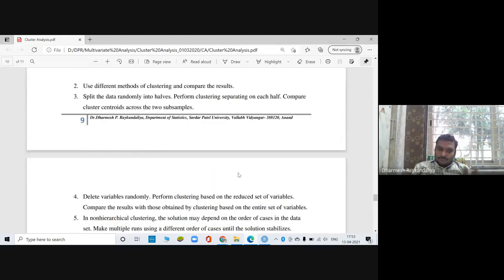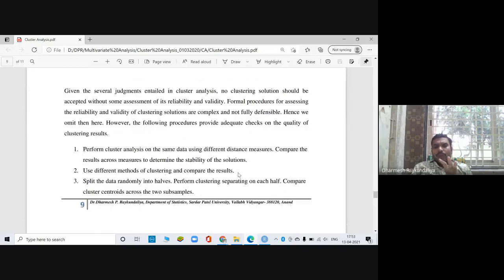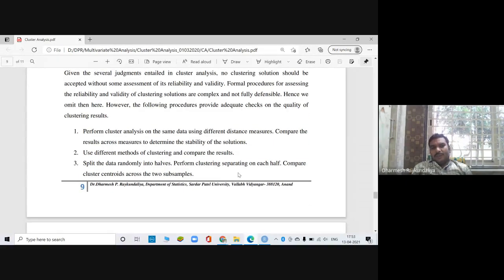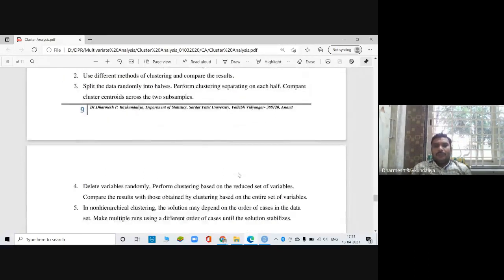So there are various methods to verify whether the clustering is appropriate or not. First, you take different distance measures and try to compare the various clustering solutions. Second, you use different forming methods, like linkage methods, Ward's method or centroid methods, and try to compare the solutions. Third, you divide your data into two halves, perform the clustering on each half, and compare whether there is any significant difference among the solutions.